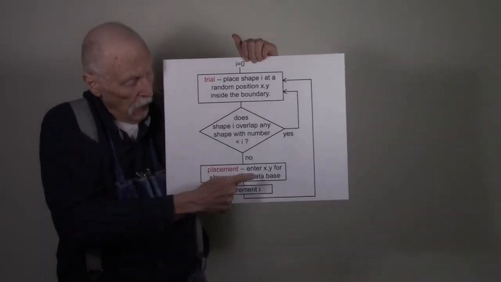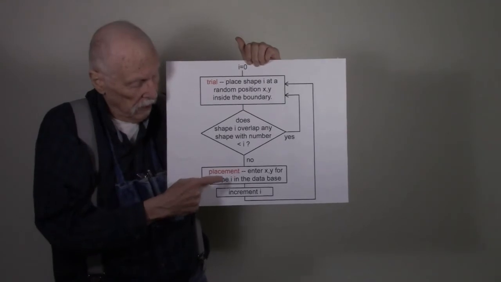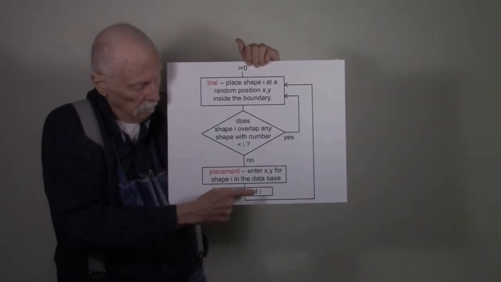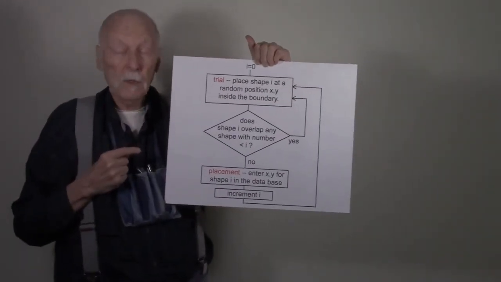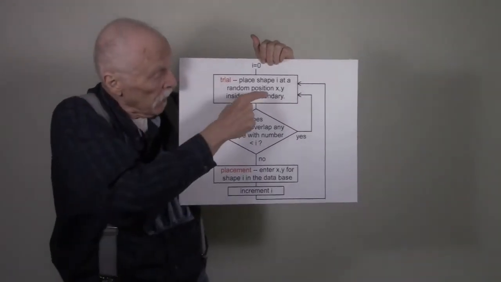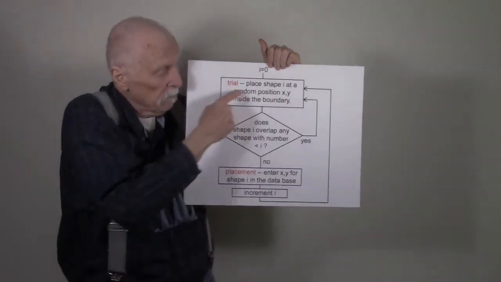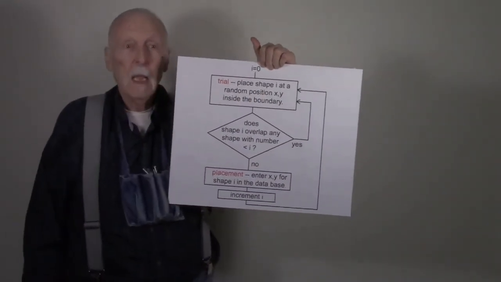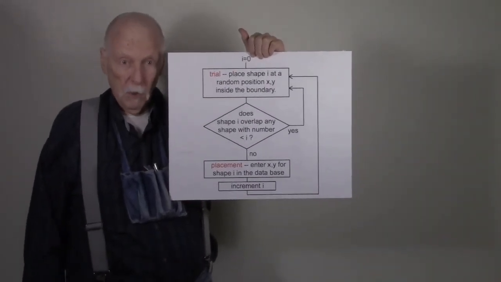If it does not, we put it into our database and say it has been placed. We increment i, come around here and go on to the next circle. And again, we have to make a choice, and if it overlaps, we go and choose another random location. And this is how we actually do the placement of the circles.